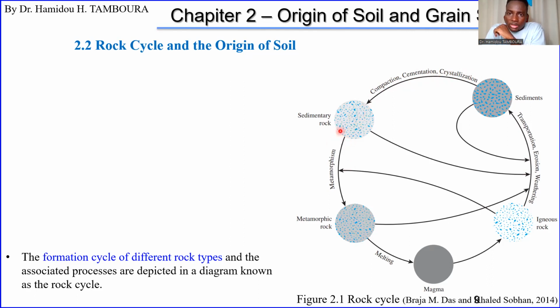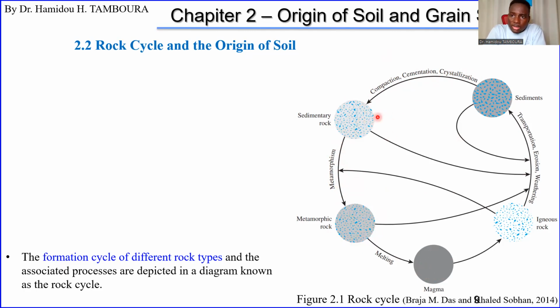From these sedimentary rocks also, we can get another type of rock, which is metamorphic rock. And by melting this kind of rock, we can get magma. So this is the cycle of rock.